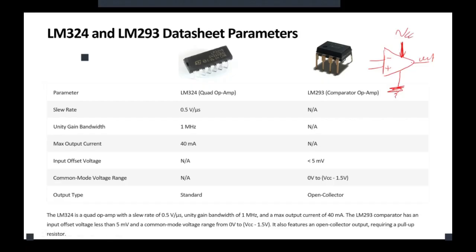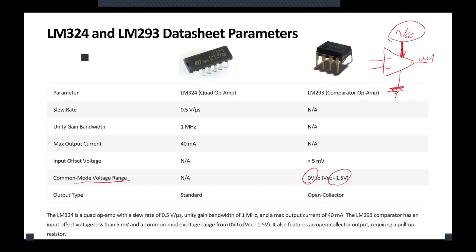The common mode voltage range is from 0 to that VCC, whatever voltage source you have, minus 1.5 volt. This defines where the input voltage can lie. Basically, this is the range that the input voltage can lie.